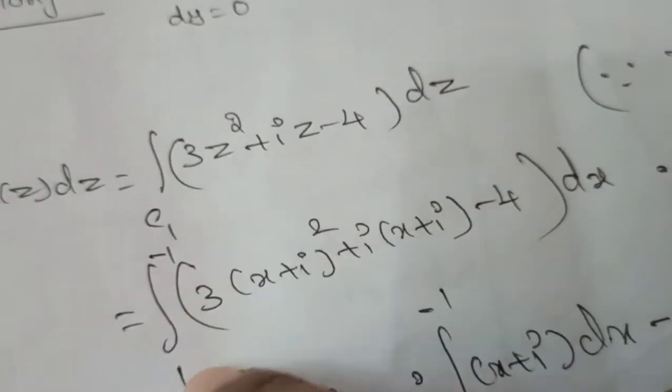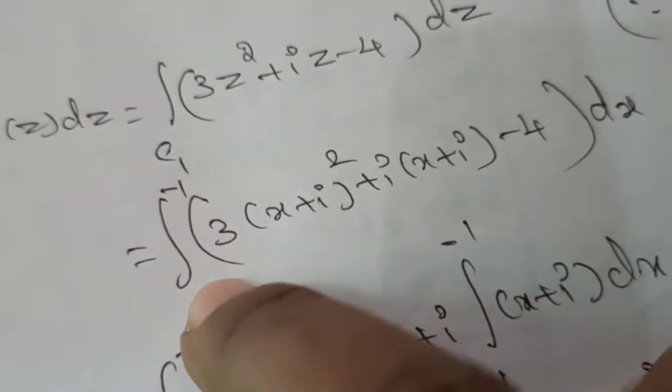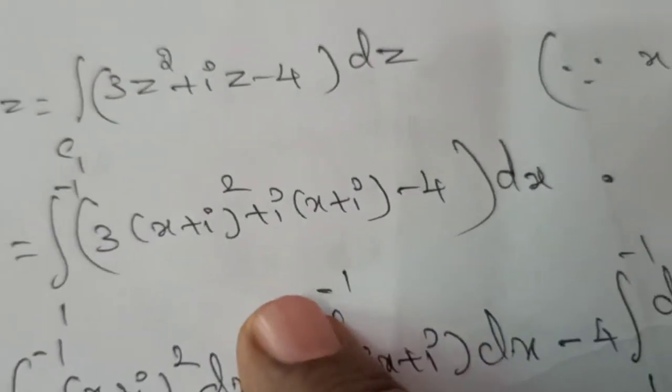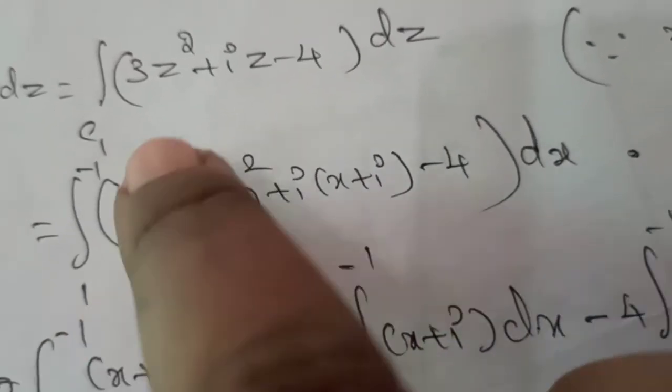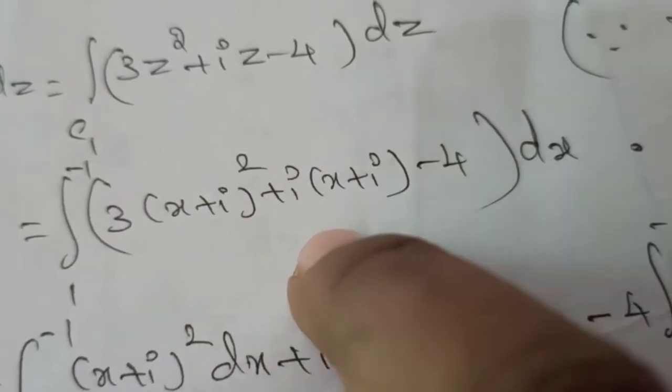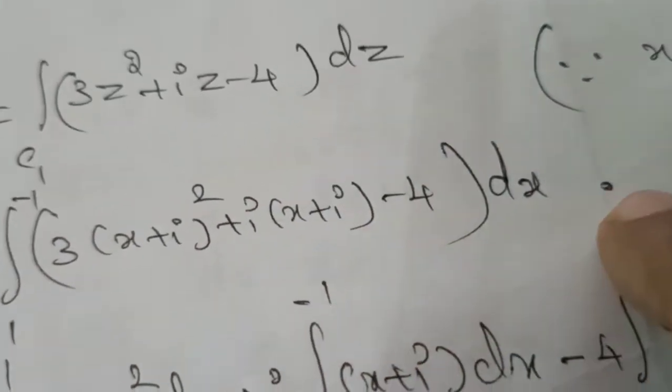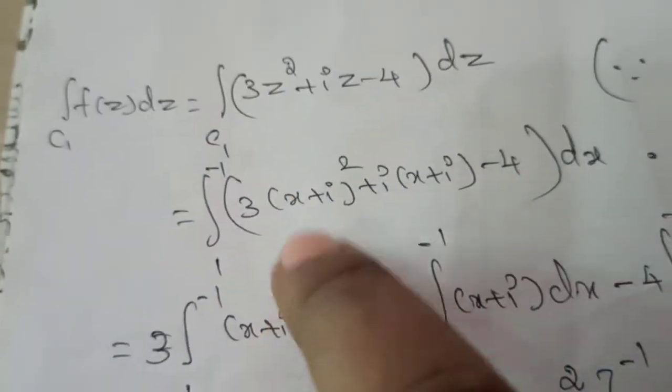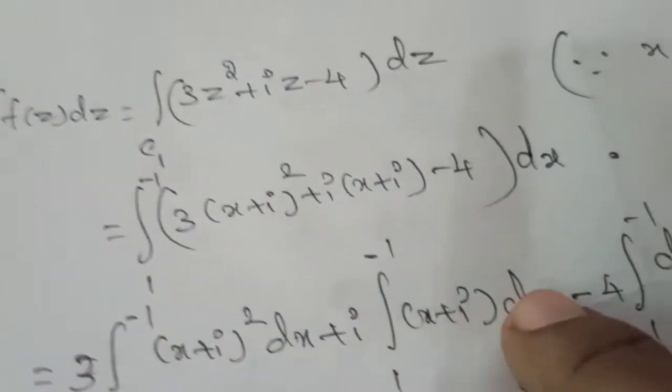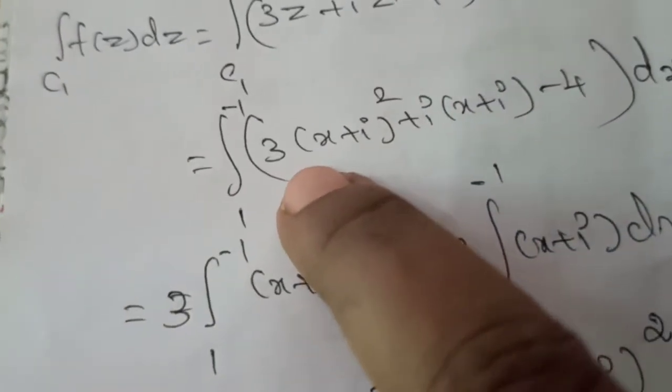Substituting the limits 1 to minus 1 into x: 3 into x plus i the whole square plus i into x plus i minus 4 into dx. Next, multiply each term.